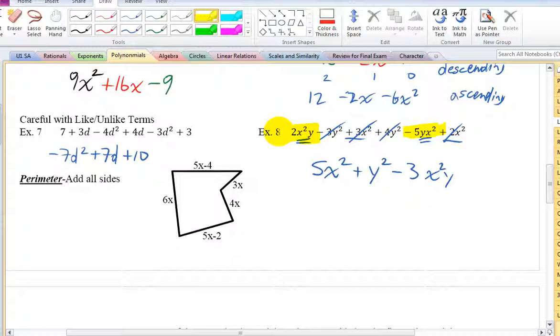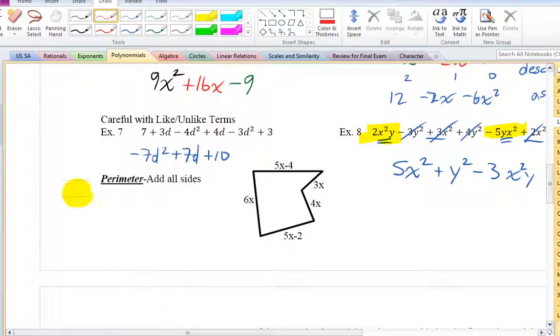Okay, what I want you to do real quick here is find the perimeter. Go. Please do it on that side as well if you can. You can work on the left side. Add up all the sides. Don't use a calculator. 5 plus 3 is 8. Plus 4 is 12. Plus 5 is 17. Plus 6, that's the hard one. 23.